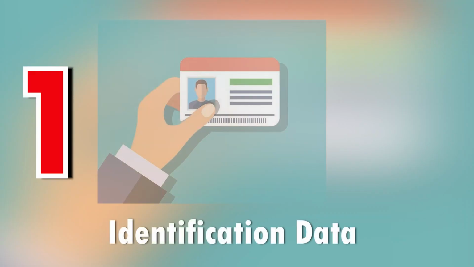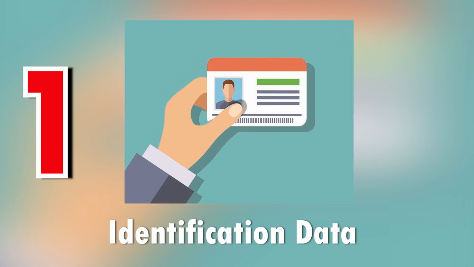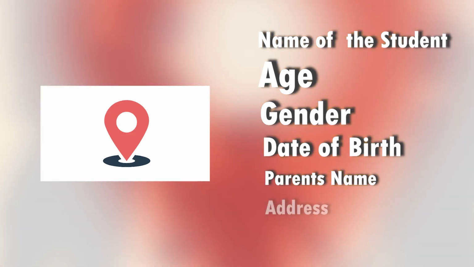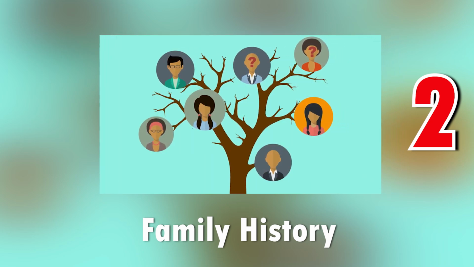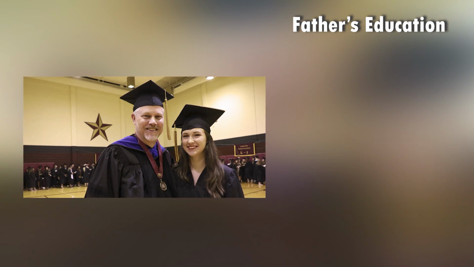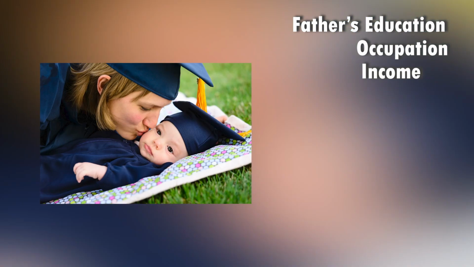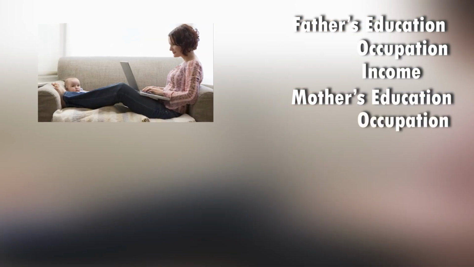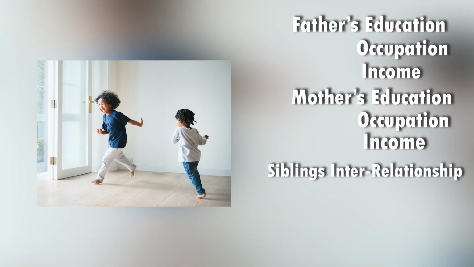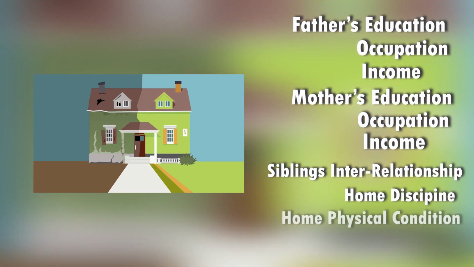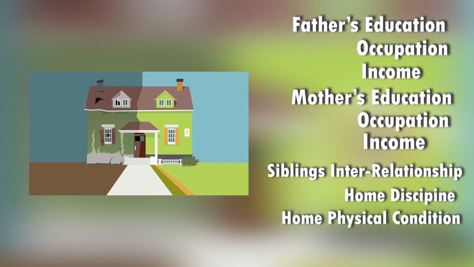First one is identification data, in which the name of the student, age, gender, date of birth, parents' name, and address. The second data is the family history, in which father's education, occupation, and income, mother's education, occupation, and income, siblings' interrelationship, home discipline, and home physical conditions are collected.